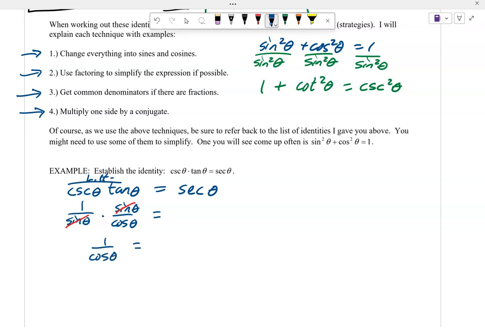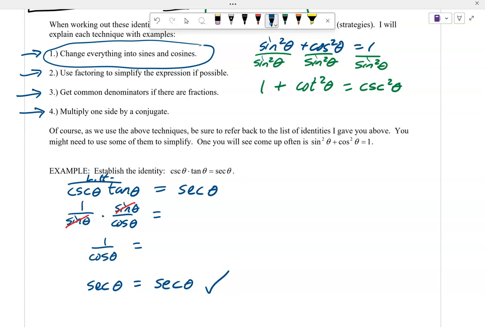Well, we know 1 over cosine is the secant. There we are. We just showed that the left-hand side is equal to the right-hand side. We just established the identity by changing everything into sines and cosines. So that's your first approach to proving these, okay, is to change everything into sines and cosines.